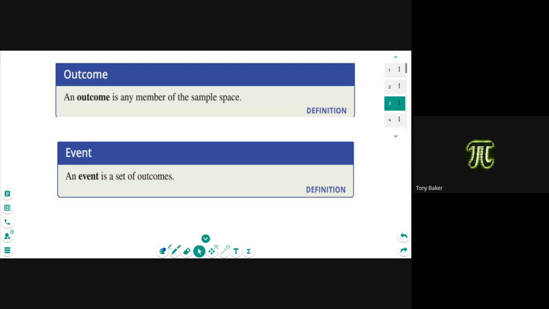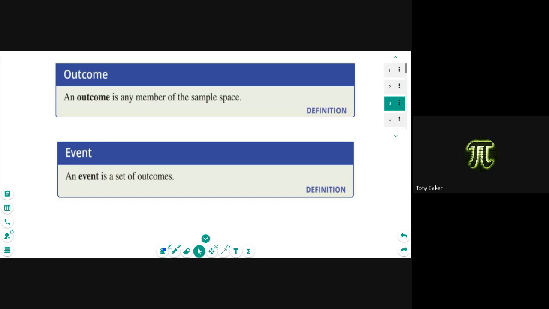An event is a set of outcomes. So all of your outcomes is a sample space. An event would be basically like a subset of that sample space. Okay. So if we're rolling a die, my sample space is 1, 2, 3, 4, 5, 6. We're going to assume, unless I tell you otherwise, assume a die is 6 sides.